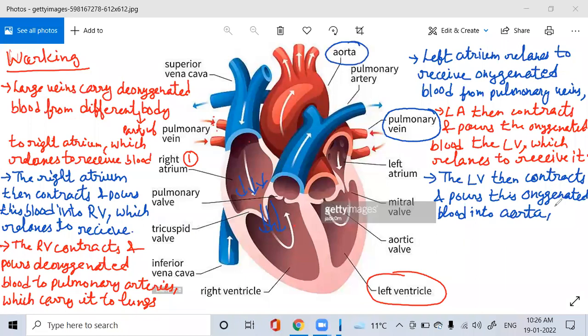which is the largest artery in the body, right?